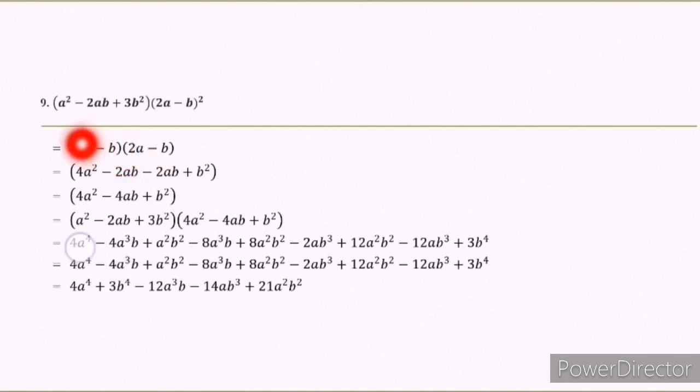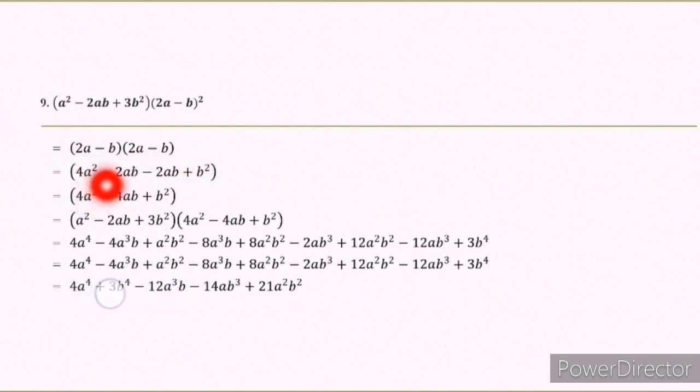The number 9 problem is (a² − 2ab + 3b²)(2a − b)². You need to expand this 2a minus b because there is a square up there. 2a minus b, 2a minus b.